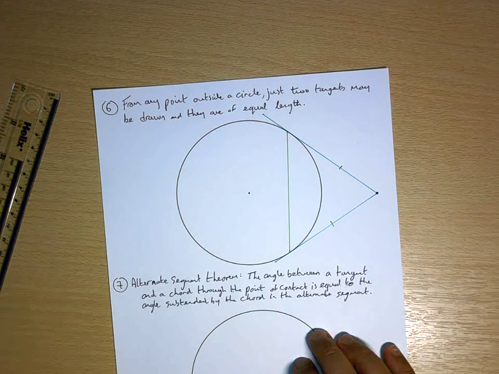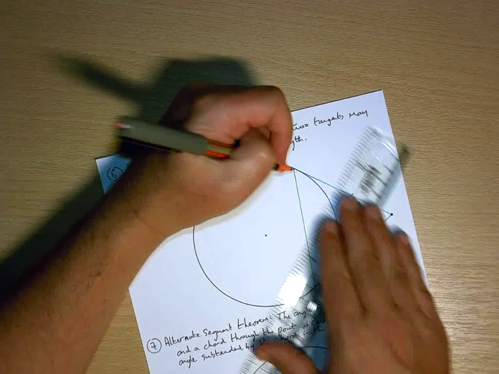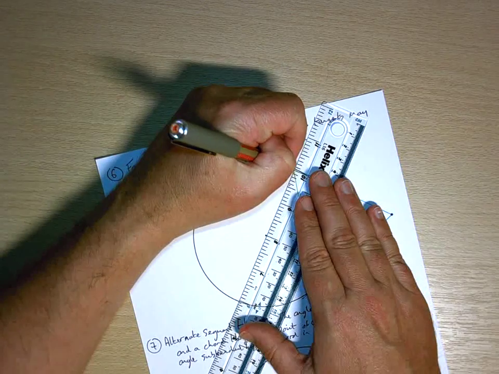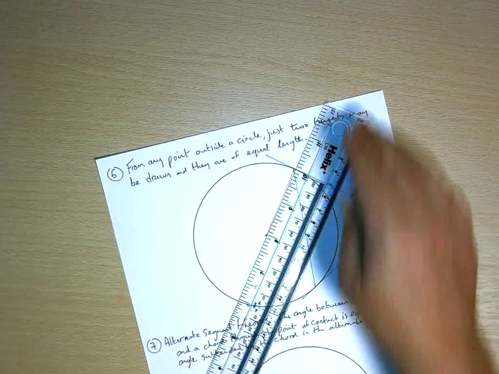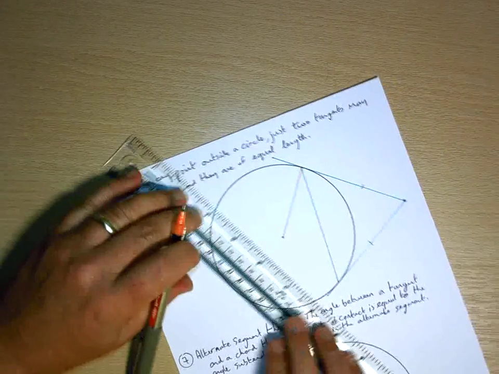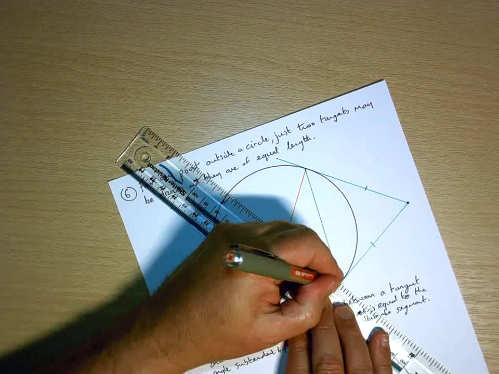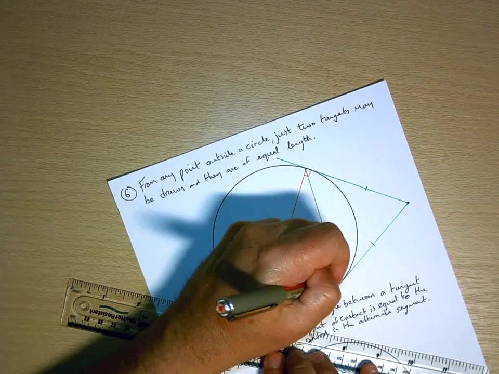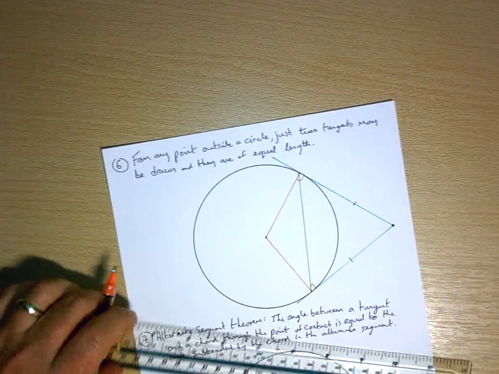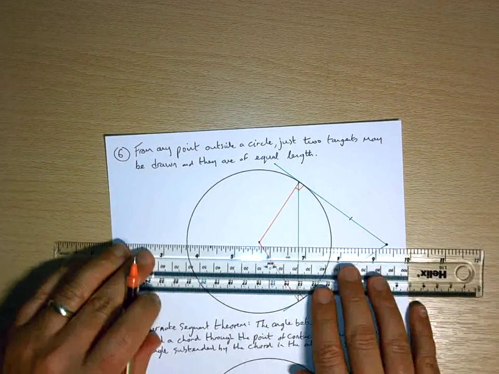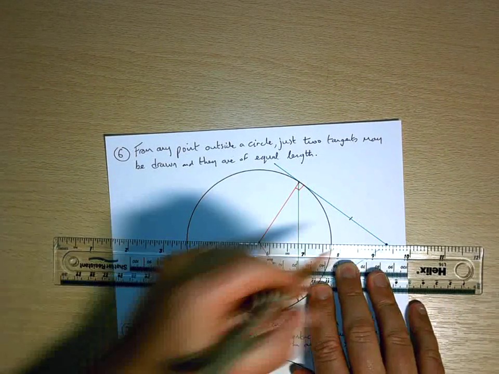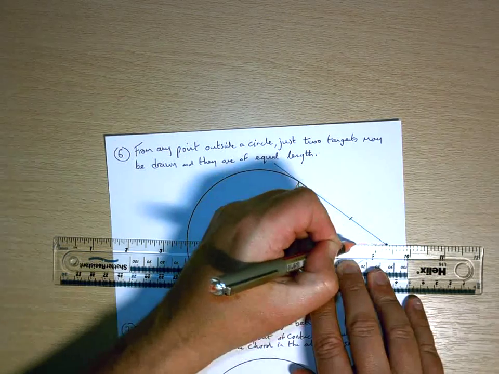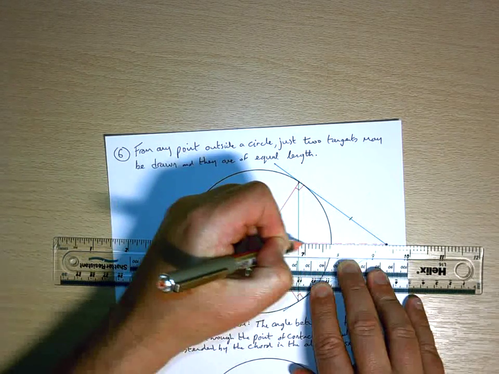And then similarly, if you then do join the tangents to the center, and you know that you've got right angles there and there, what you can also do is divide that up into two right angle triangles which are identical.